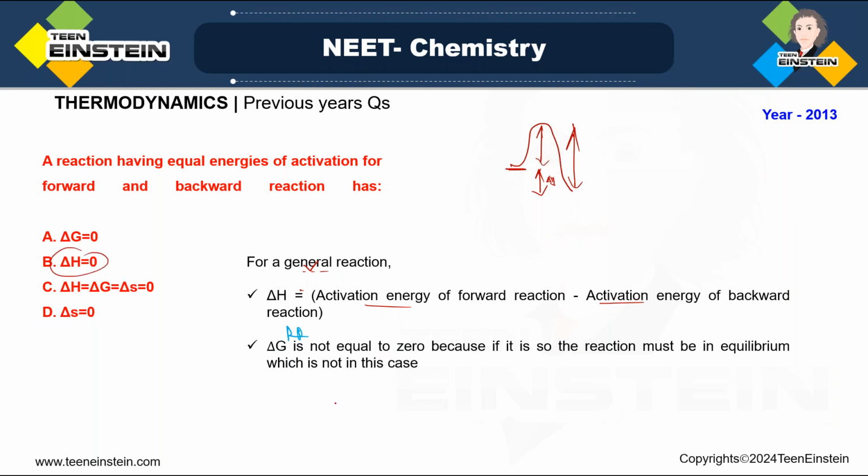So this should be the correct option. And why is del G equal to 0 not the correct option? Because if it were so, the reaction must be at equilibrium, but that is not mentioned here. So you cannot say that del G is 0. We can only say del H is 0. That is why this will be the correct option. Okay.